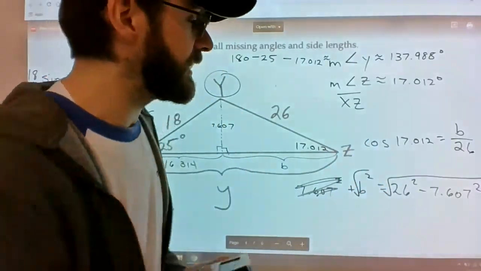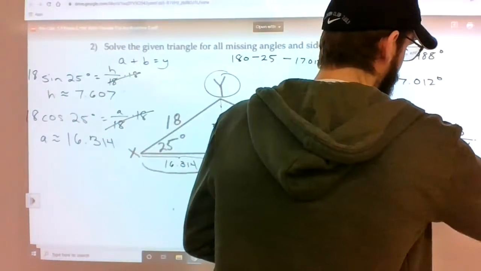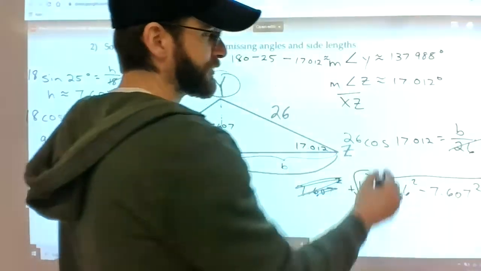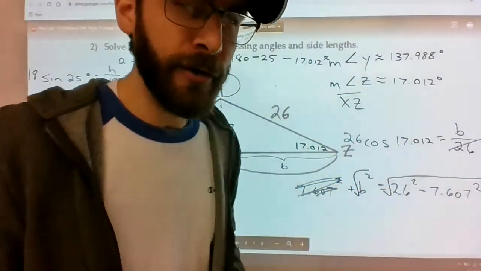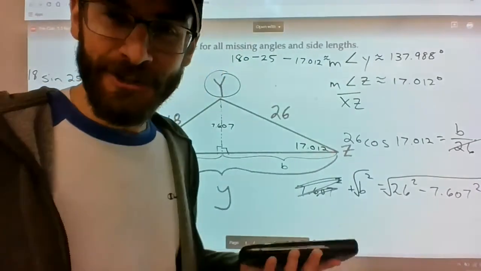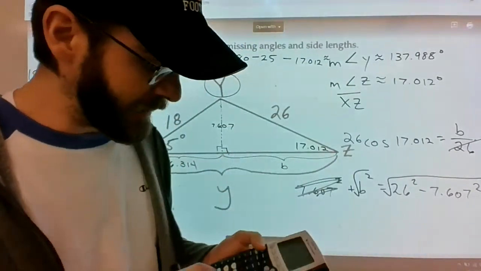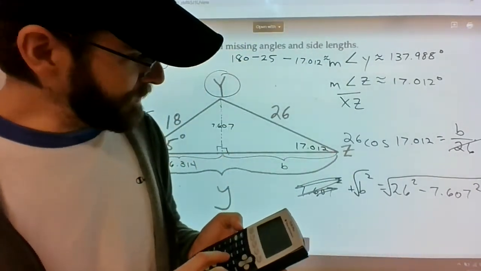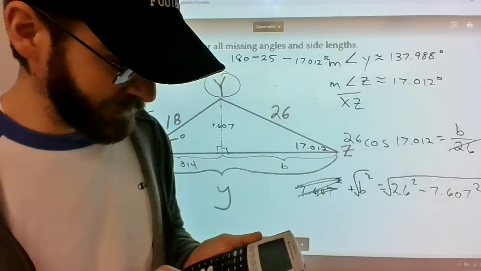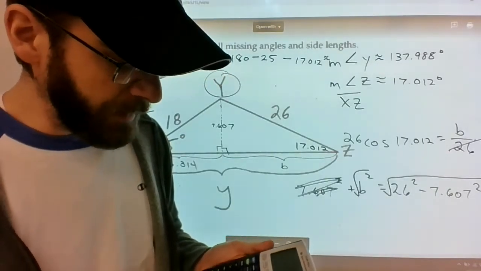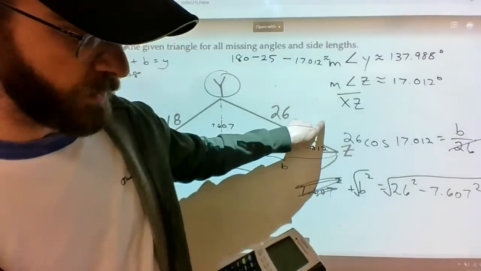But I will say, if you're an energy conservationist, I don't know if that's the right way to say that. If you like conserving the amount of time you're spending here, I'm not pushing many buttons to get this first one. And if I make a mistake, it's probably going to be easier to spot it using this one than that one.